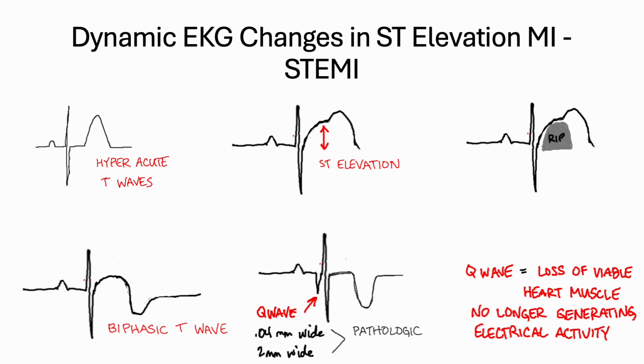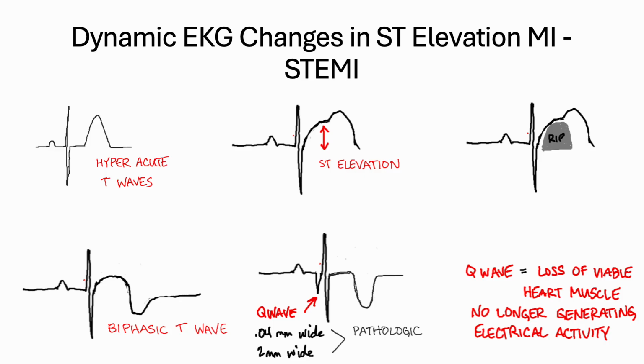If you see that little tombstone that I put under the ST segment, they call that tombstoning when the ST elevation looks that large. The next thing you'll see is the biphasic T wave, or ST elevation and T wave inversion together. The next thing you might see is a Q wave.